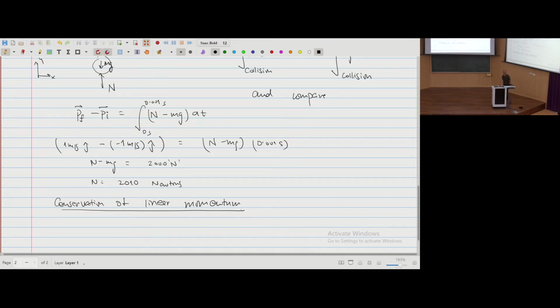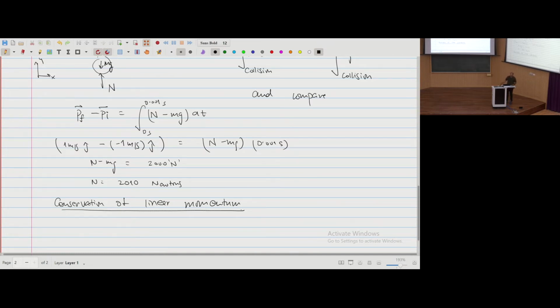That is not a correct assumption, because we sometimes model it as a spring. So during collision, we model it as a spring that gets compressed and then expanded. Of course, for a spring, the force is proportional to displacement, the deformation. But we assume here, in this problem, that F was uniform during collision.